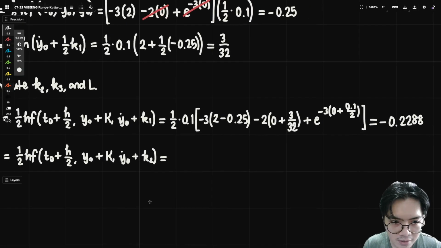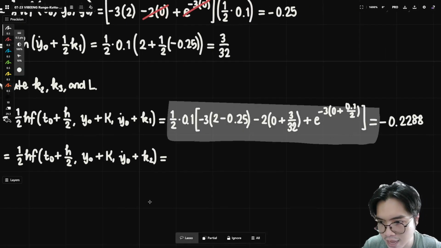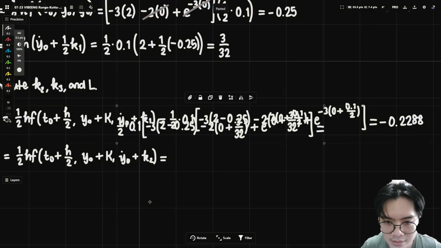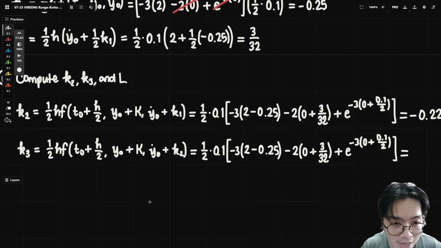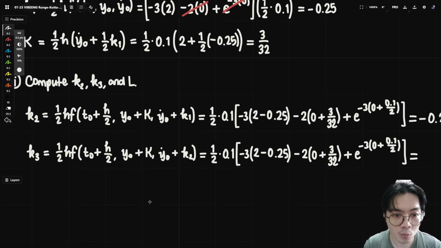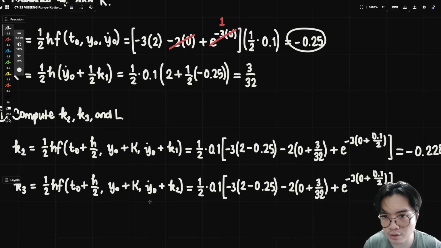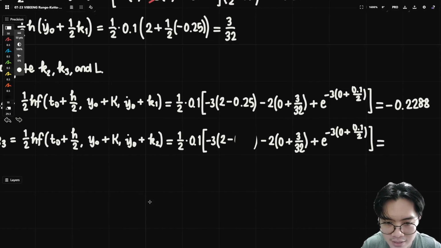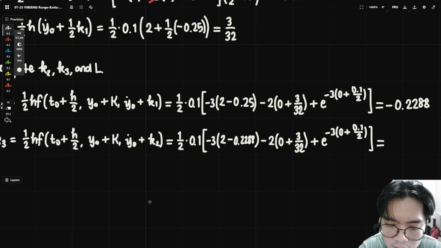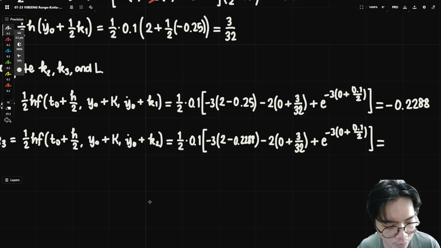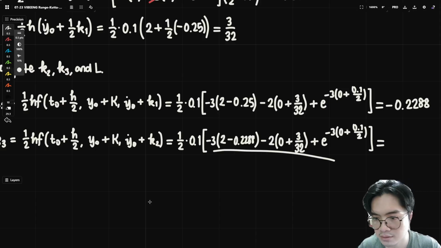We can copy-paste this too. The only thing that changes is the value of K1 becomes K2, so this 0.25 becomes 0.2288. We will have that, and the result is negative 0.3007.